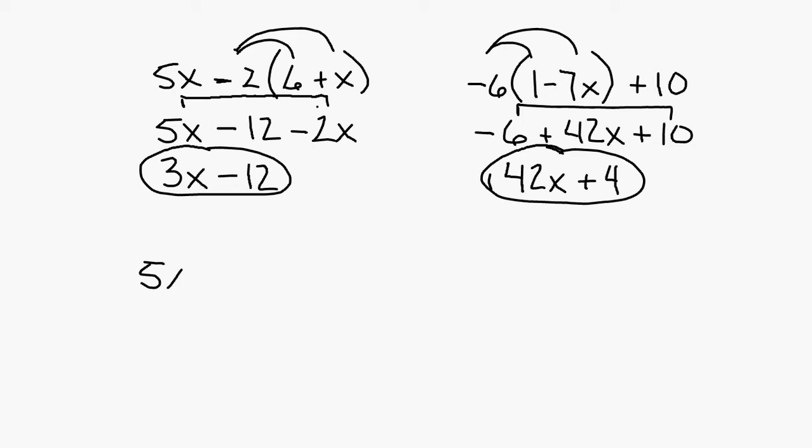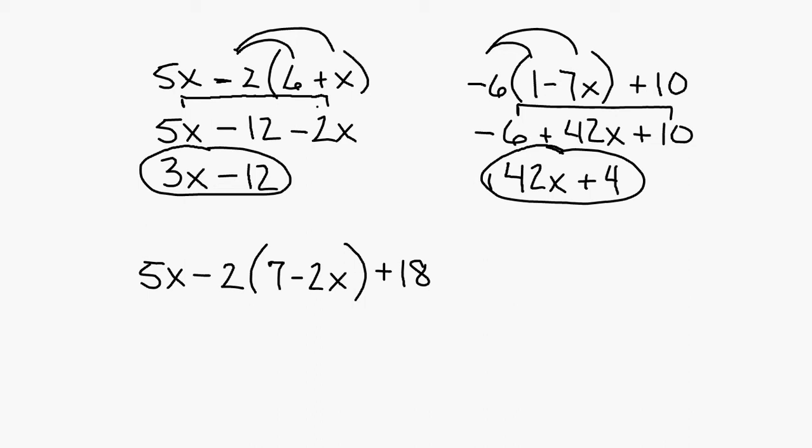Five x minus 2 times (7 minus 2x) plus 18. In this example, again, you're going to do the distributive property first and just rewrite the rest of the problem.